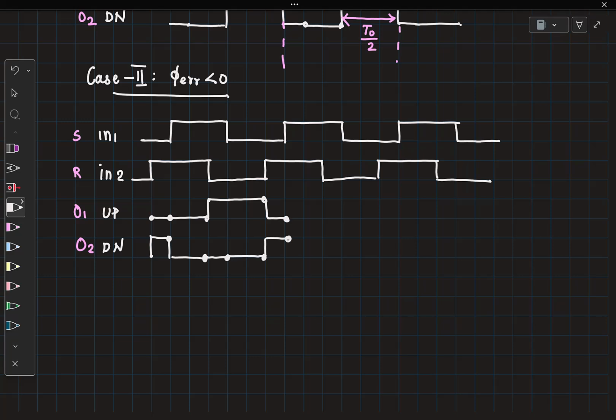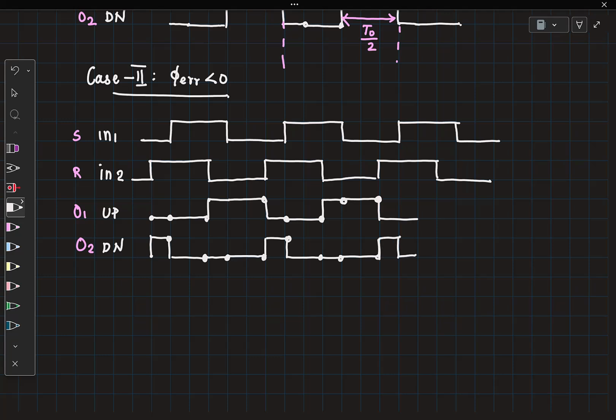Then you have both of them in one state, which means both are at 0. Then you have the set state coming in, so this is the output. And then you have the hold state coming in, therefore this is held till here. And then this gets reset. This goes high again, etc.